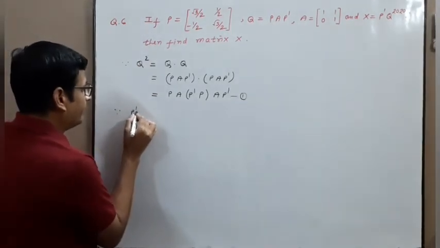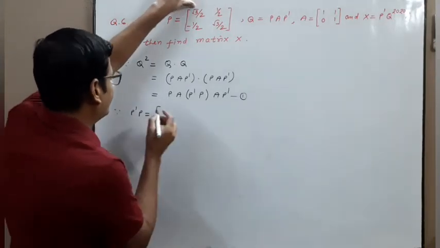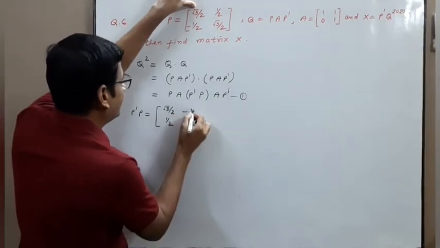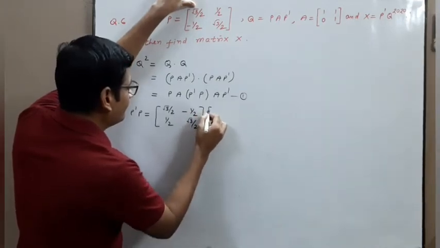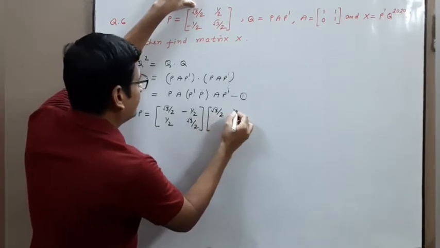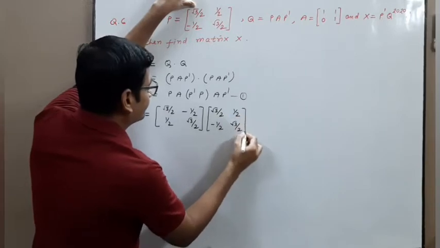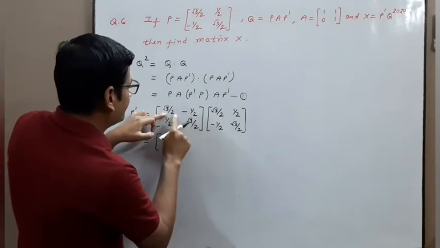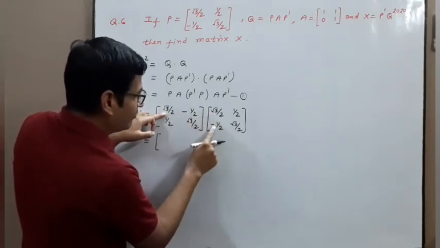Since P dash P is equal to, P dash means transpose of matrix P, root 3 by 2, 1 by 2, minus 1 by 2, root 3 by 2, into matrix P, root 3 by 2, 1 by 2, minus 1 by 2, root 3 by 2. Now multiply this into this: root 3 by 2 into root 3 by 2 is 3 by 4, minus 1 by 2 into minus 1 by 2 is 1 by 4.